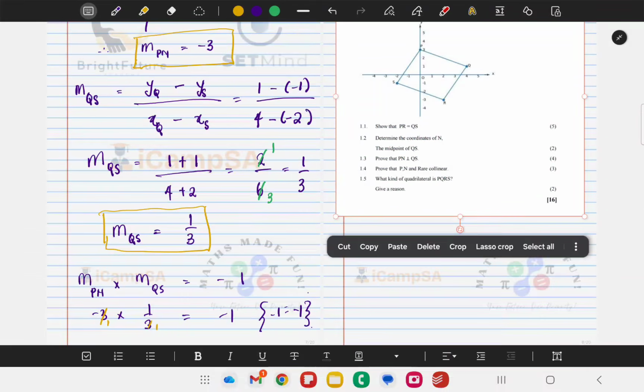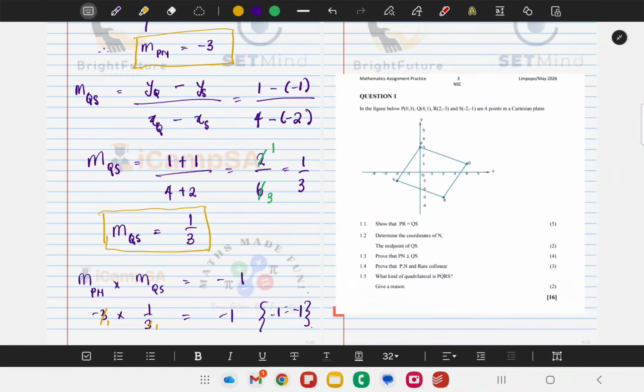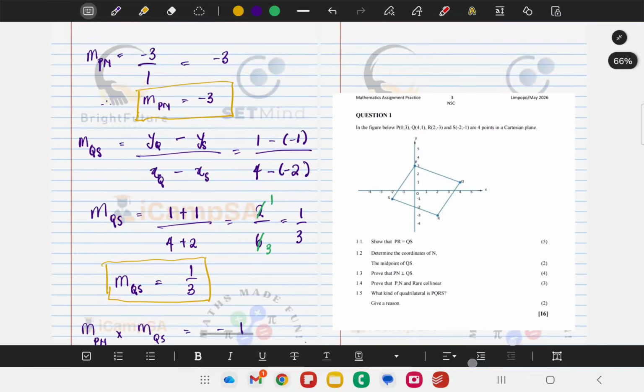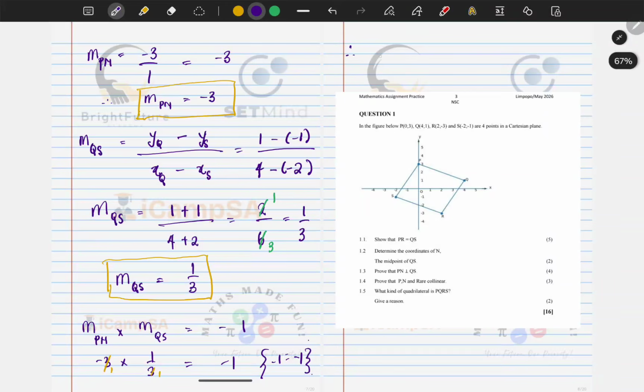So this is what we can do. We can just create some space to write there to conclude, right? Therefore we can just say PN is indeed perpendicular to QS.